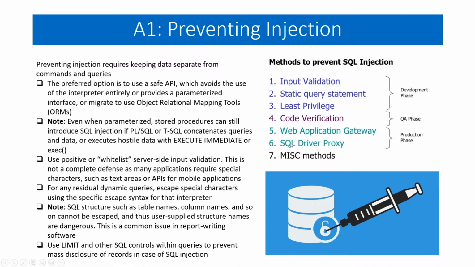And then you could also run web app gateways, web application firewalls, SQL driver proxies to hopefully prevent attacks from happening. But like I said, if you have really good input validation, then these things won't be quite as necessary.